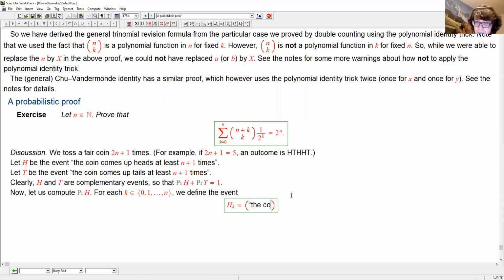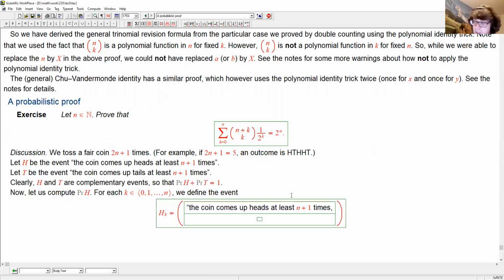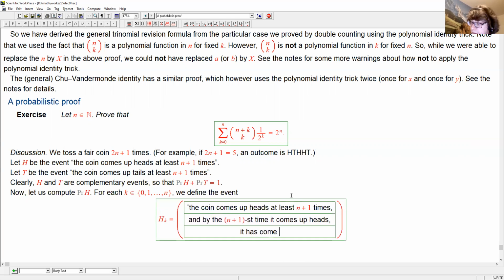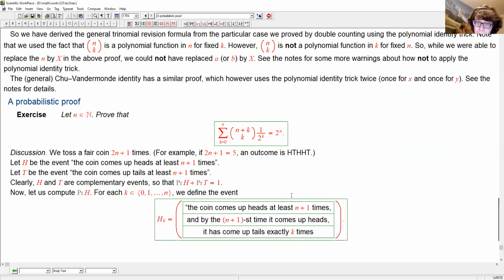It's namely the coin comes up heads at least n plus 1 times, and by the n plus first time it comes up heads, it has come up tails exactly k times.